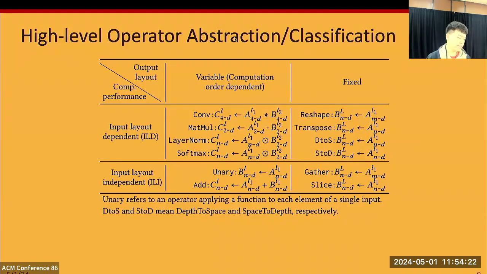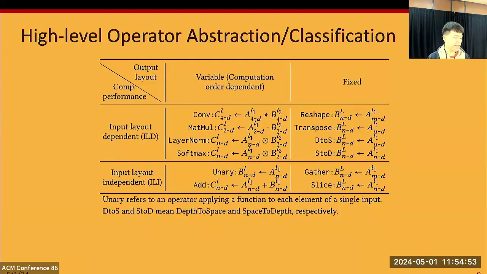One is whether the computation performance is sensitive to input layout or not. Another dimension is whether its output data layout can be variable or fixed. So basically it means whether we can generate the output layout as we desire, with or without overhead. So this is our operator classification.